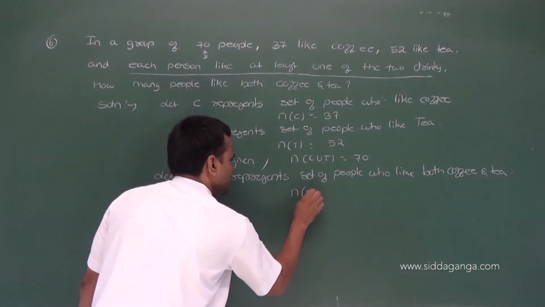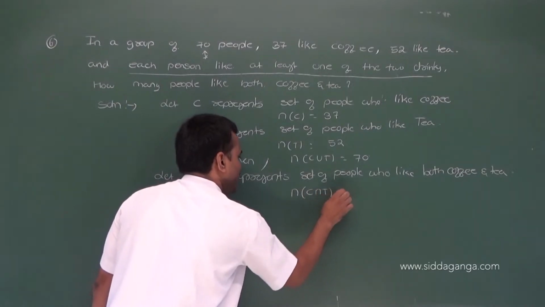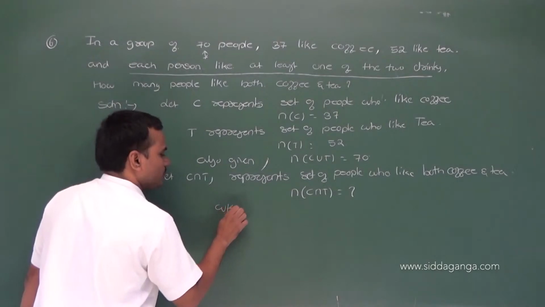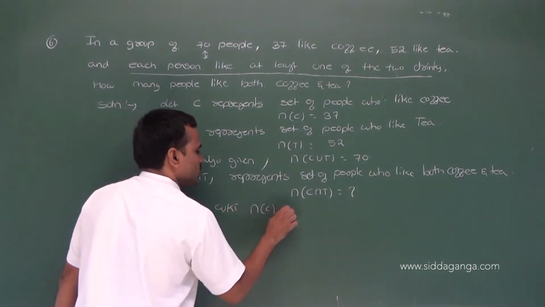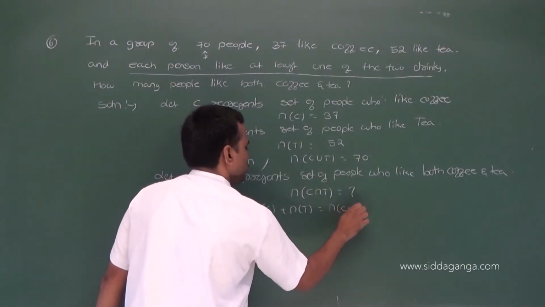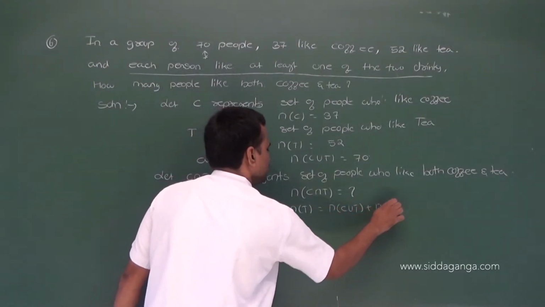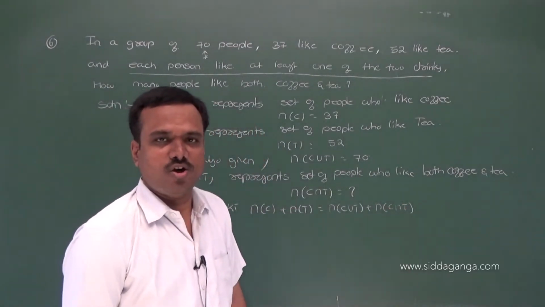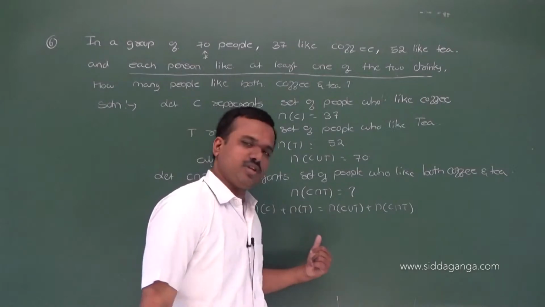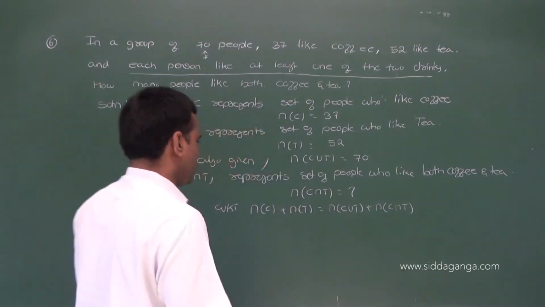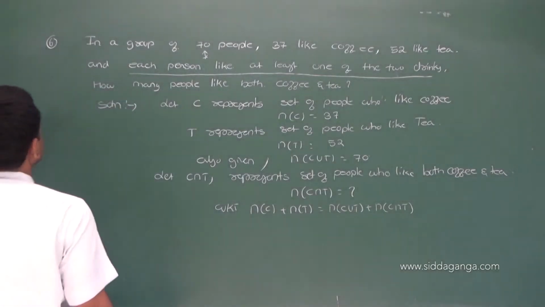That means we have to find n of C intersection T. We know that n of C plus n of T is equal to n of C union T plus n of C intersection T. So n of A plus n of B is equal to n of A union B plus n of A intersection B. Substitute all the values.